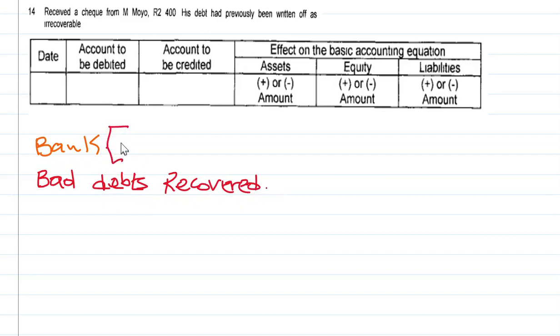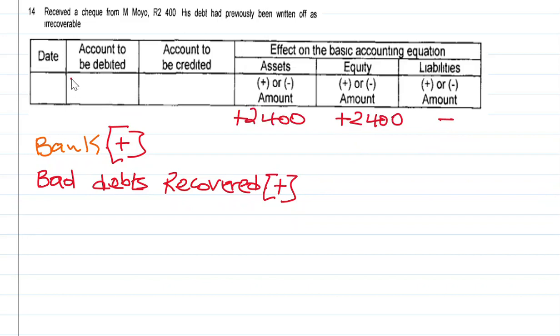This bank here is going to increase, and this bad debts recovered will also increase, meaning that here we're gonna have plus 2,400, plus 2,400, and a dash on the liabilities.